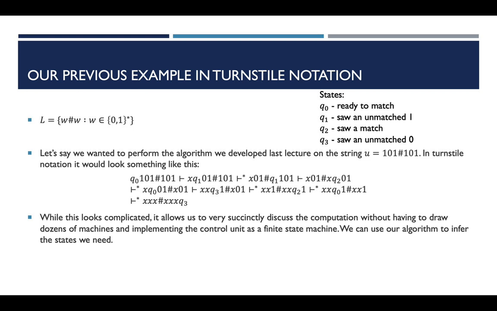It looks a little bit like some runes, but really when you break it down, all it means is that we have a transition function that has some rules, and we can apply those rules to the state of the tape. In doing so, we can arrive at some configuration, and we can, as part of our algorithm, determine if that configuration is valid and we're going to accept it, or if that configuration is invalid and we're not going to accept the computation.